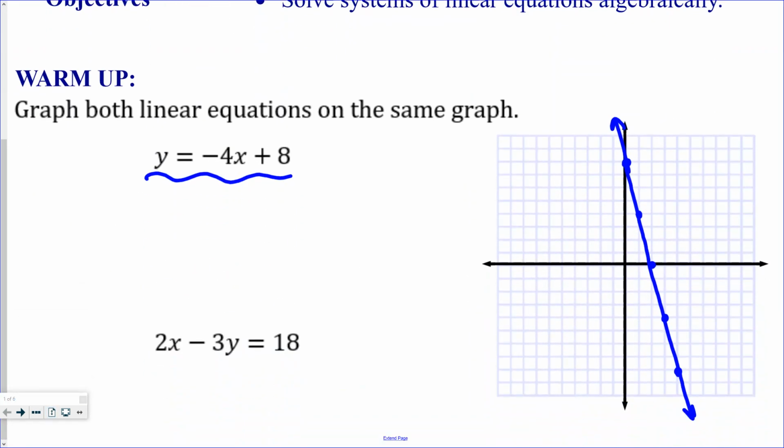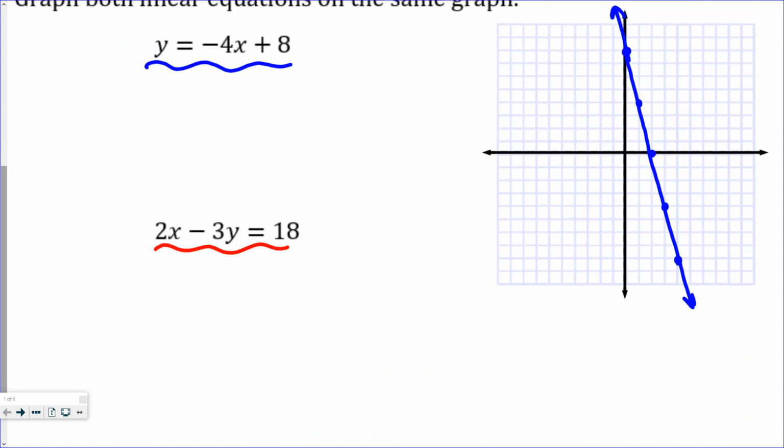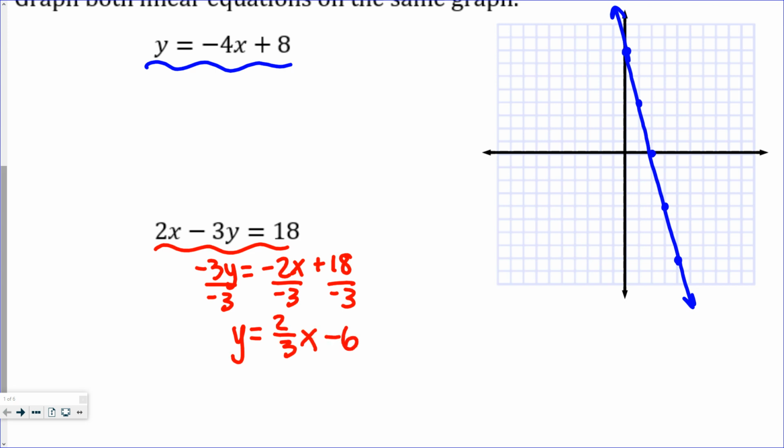All right, my second line here, I'm going to have to put into slope-intercept form. So that would be -2x, divide by -3, we get +2/3 x for our slope and -6 for our y-intercept.